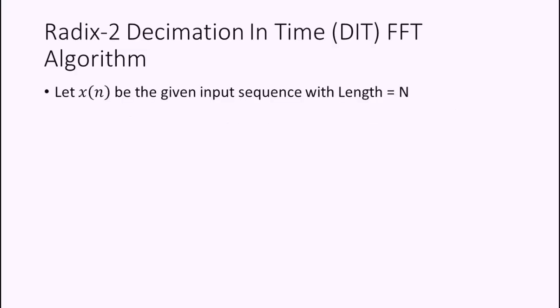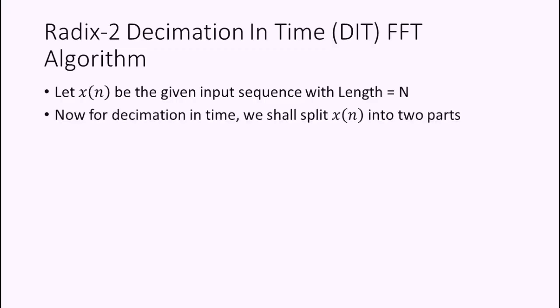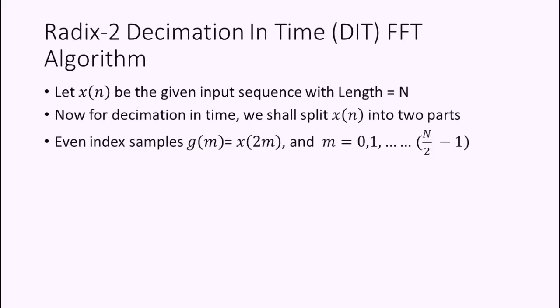Let x(n) be the given input sequence with length N. Now for decimation in time, we shall split x(n) into 2 parts. Even index samples g(m), where g(m) = x(2m) and m = 0, 1, ..., N/2 minus 1.